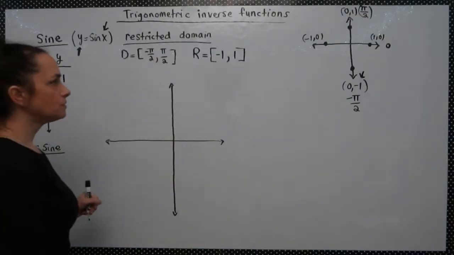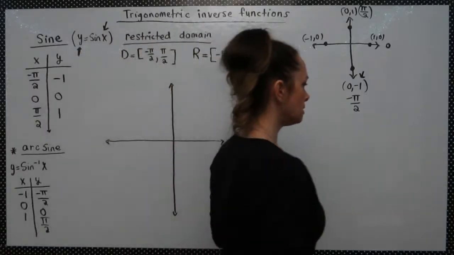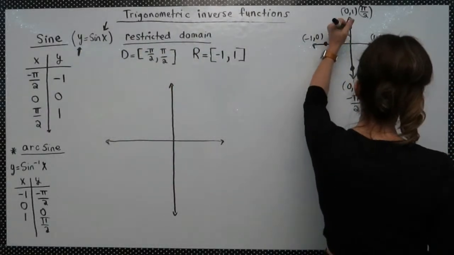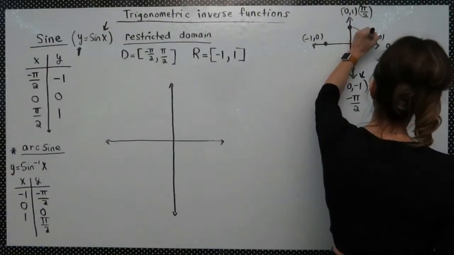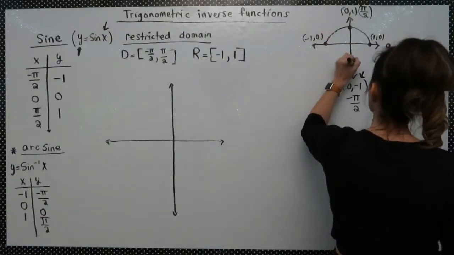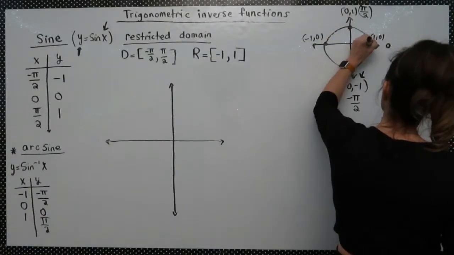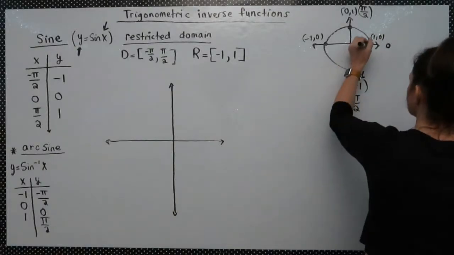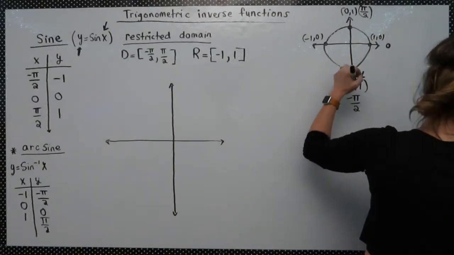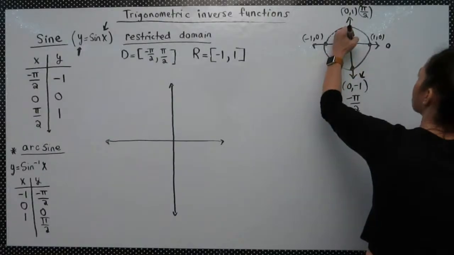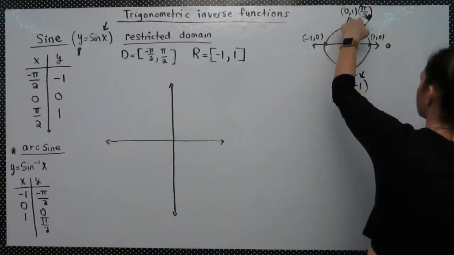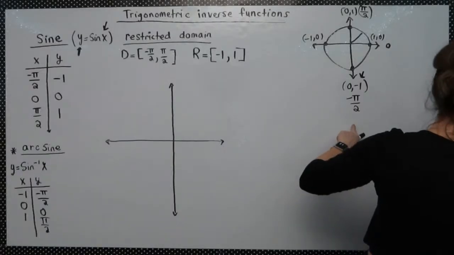And in order to do that, I have to come over here to my little mini unit circle. So remember, this is a unit circle. Radius 1, x squared plus y squared equals 1. And that is a rough sketch. But what we're doing is we're just going to recall pi over 2 and negative pi over 2.